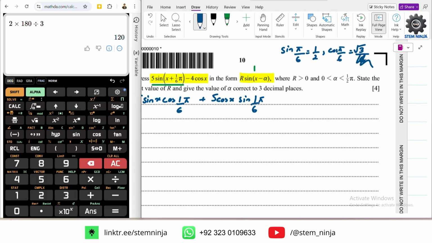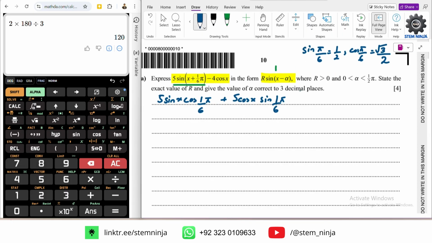Under root 3 over 2. Okay, alright, so when we do this, we have 5 root 3 over 2 sine of x plus 5 over 2 cos of x.